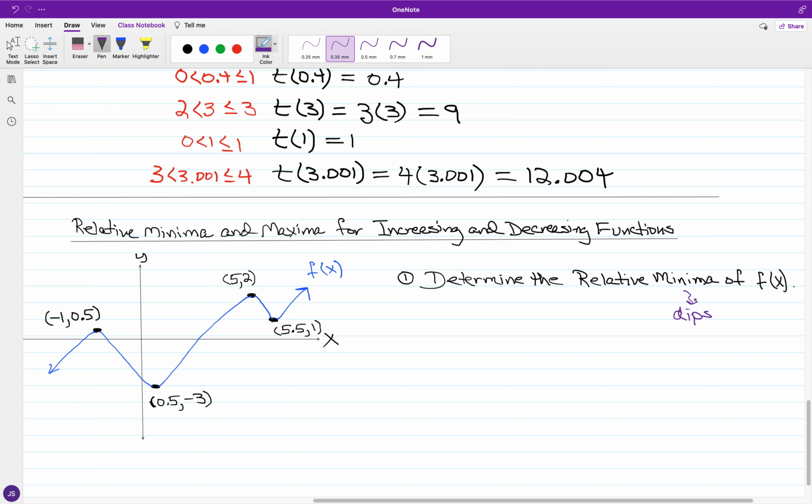In other words, the sections where the graph is momentarily bottoming out.